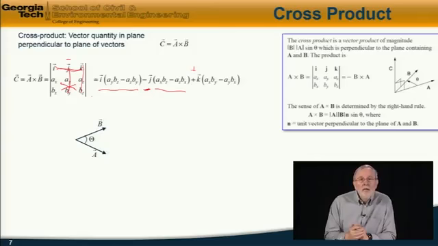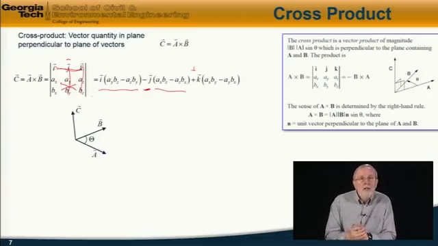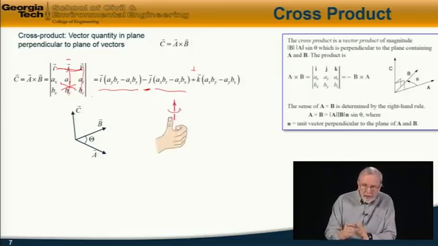The physical meaning of this we can see fairly easily. Let's suppose that my two vectors are as shown here, A and B, with an angle theta in between them. Then the direction of C is going to be perpendicular to the plane containing those two vectors, so it's going to be in this direction here. And the direction of that vector we get from the right-hand rule.